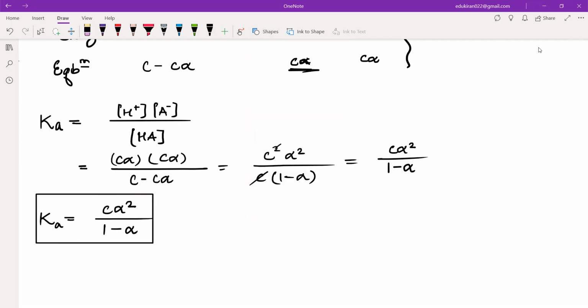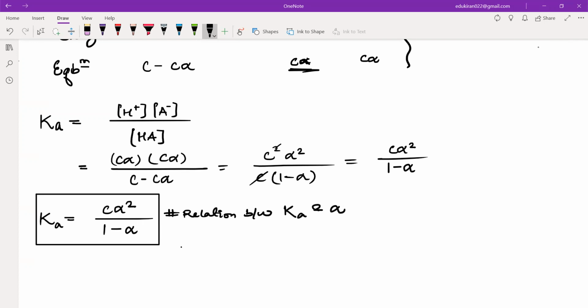This is one more equation that you have to remember. This is the relationship between the Ka and alpha. Alpha is the degree of dissociation.